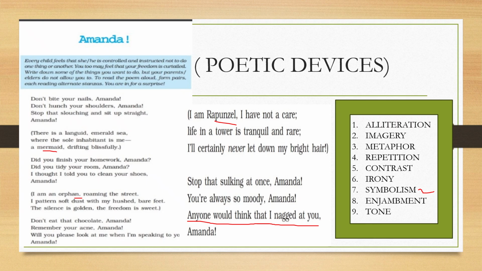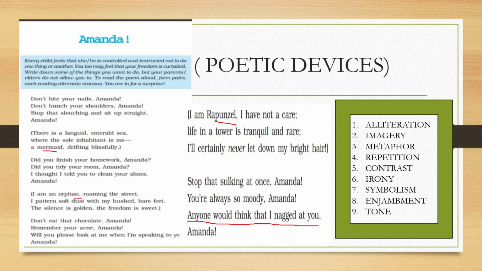She would get freedom there. Through these symbols, the poet expresses Amanda's different emotional states: her wish to be alone, peaceful, and free from rules. That is symbolism.